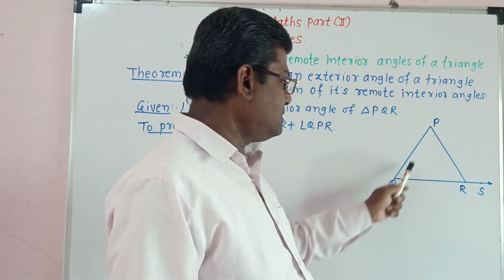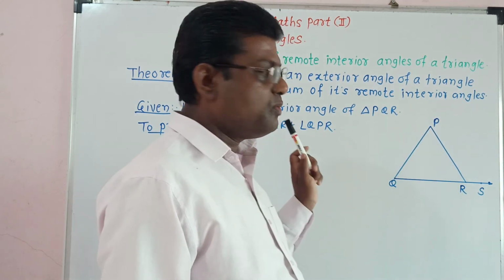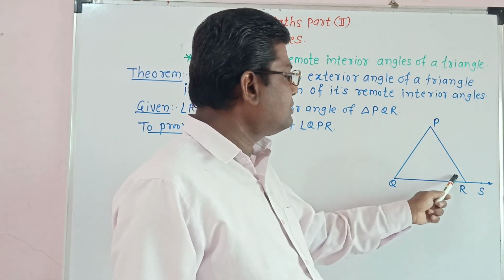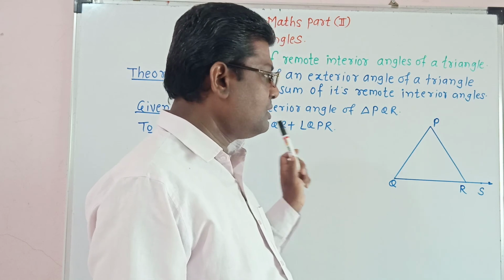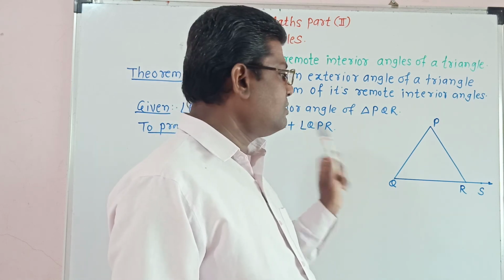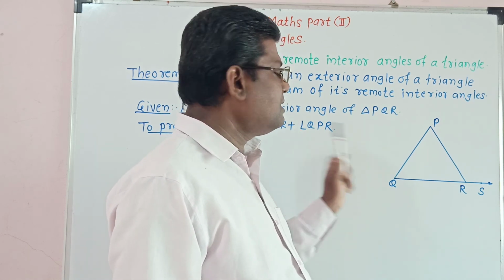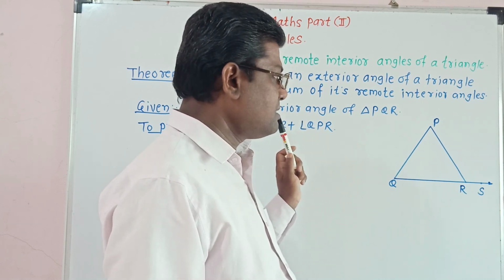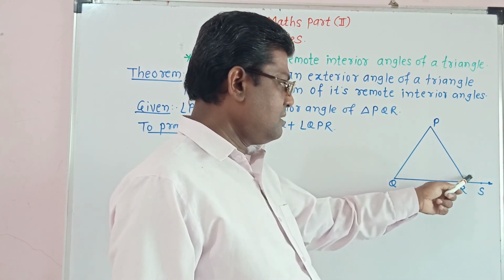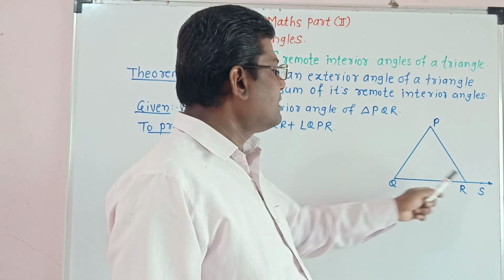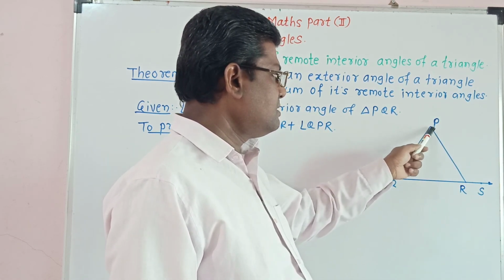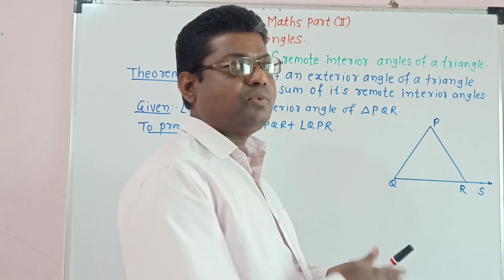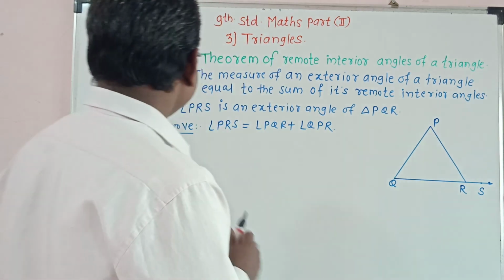So the sum of these three angles is 180 degrees. Also these two angles are angles in linear pair, so their sum will also be 180 degrees. So if we equate these two equations, then we find that this angle, the exterior angle, is equal to the sum of the remote interior angles.